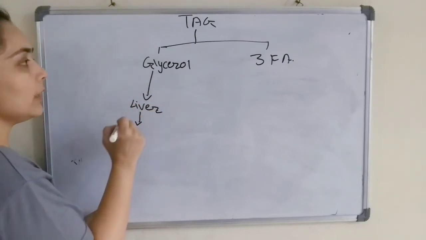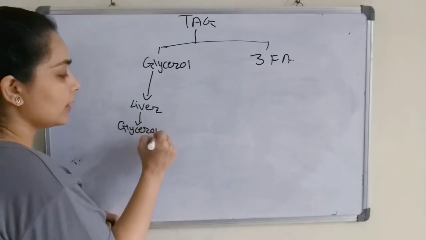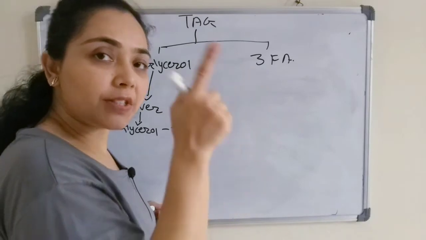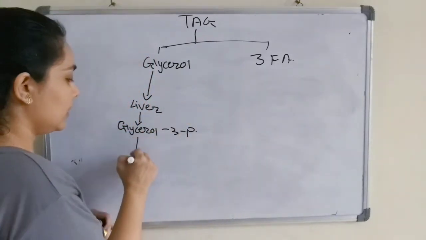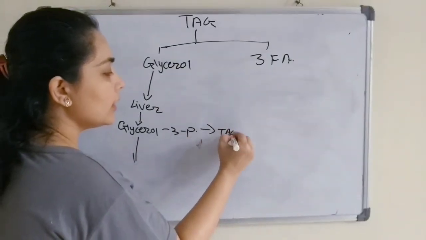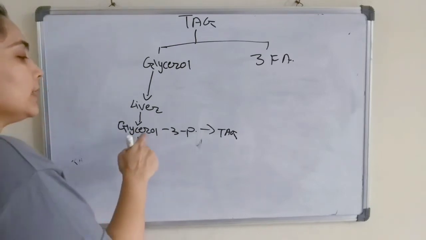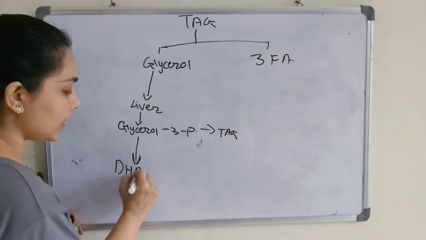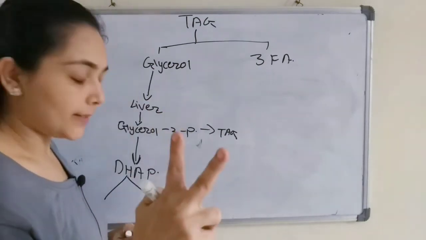Here it will get converted to glycerol 3-phosphate, which can be utilized for TAG synthesis, or this glycerol 3-phosphate can be converted into dihydroxyacetone phosphate, which has two choices.